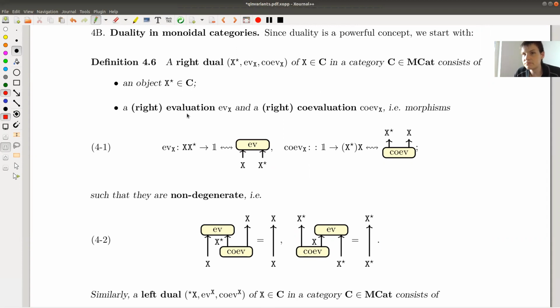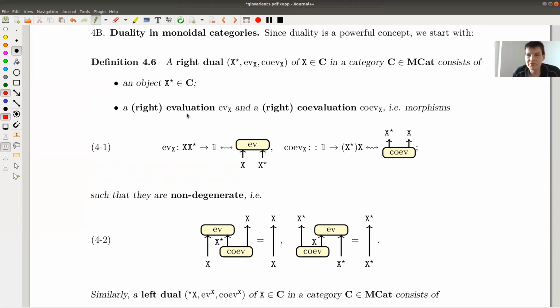So duality is a really powerful concept in the universe itself, and of course also in mathematics. And the question I would like to address today is what is the right setup for dualities in our context of quantum topology. So what is the right setup for dualities, let's say, in monoidal categories.